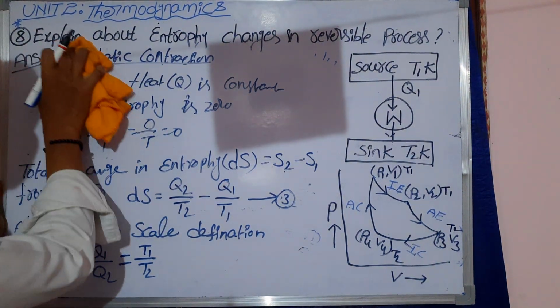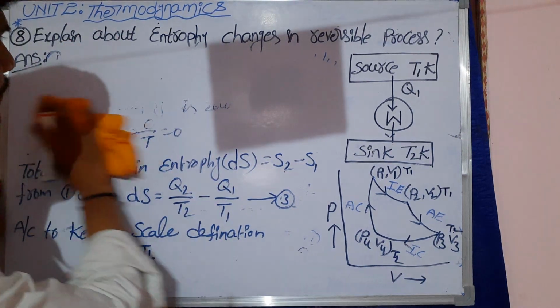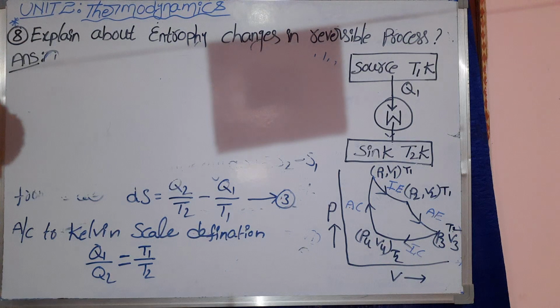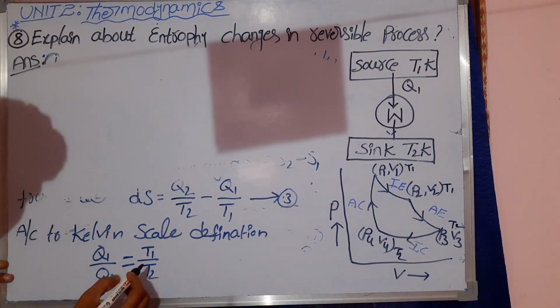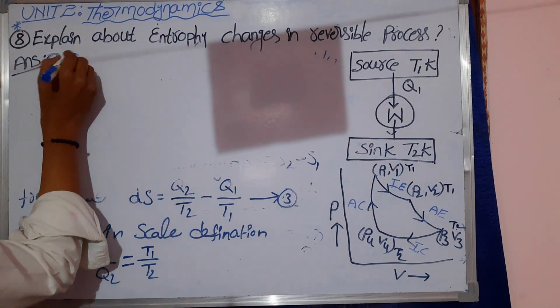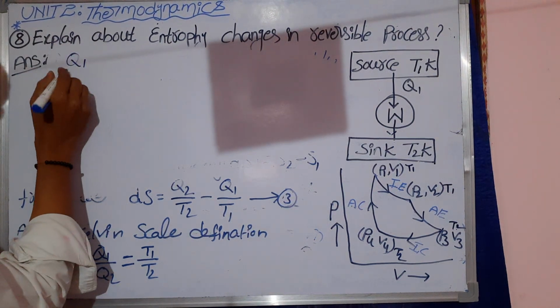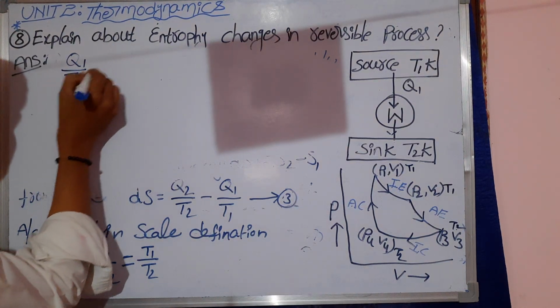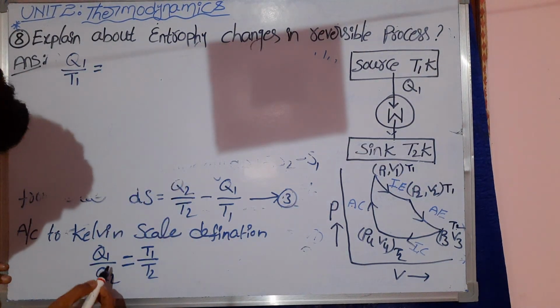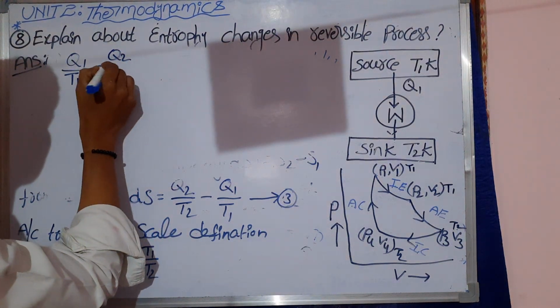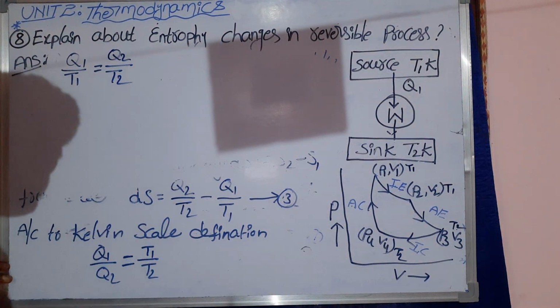Next, cross multiplying, Q1 by T1 equals Q2 by T2.